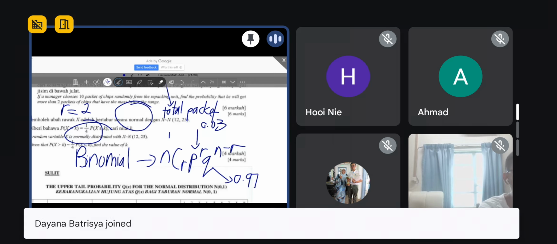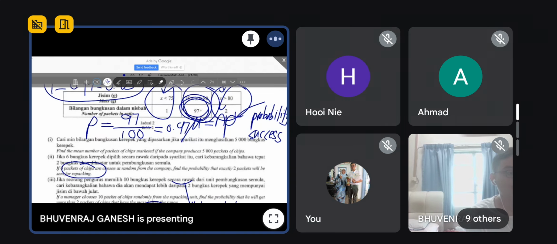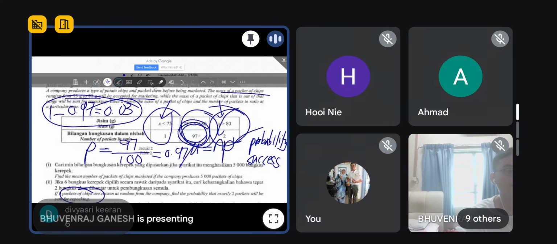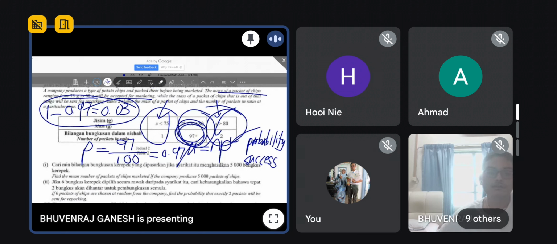So how about your N value, guys? Apa nilai N dalam soalan 2? What will be your N value if you see the question? Very good, N is equal to 6. What about the R value? Apa nilai R?